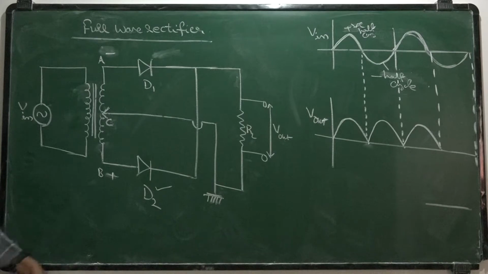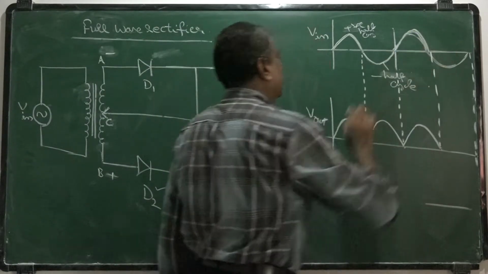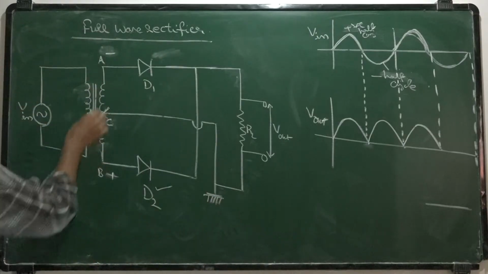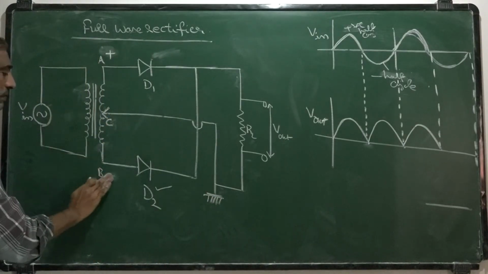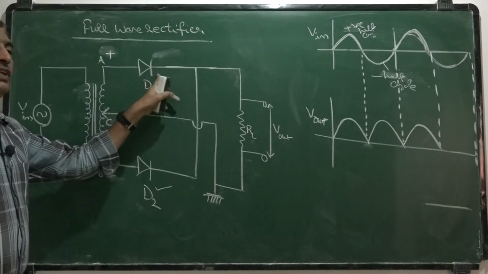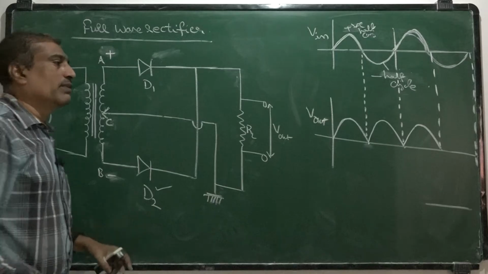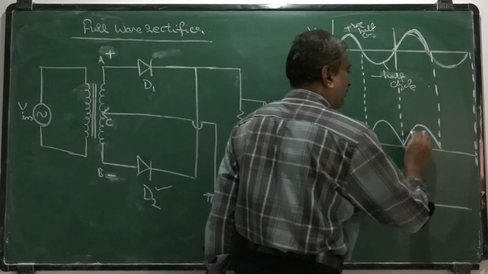Again, during the positive half cycle, A becomes positive, B becomes negative, D1 is in forward bias and D2 is in reverse bias, so we get an output like this.